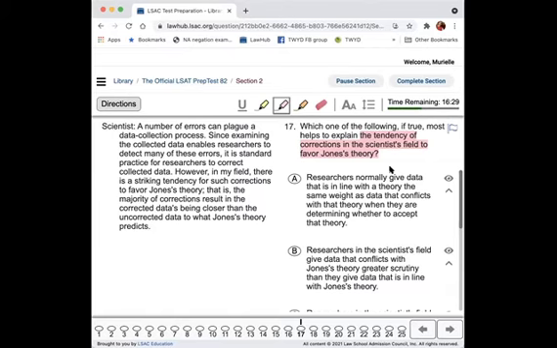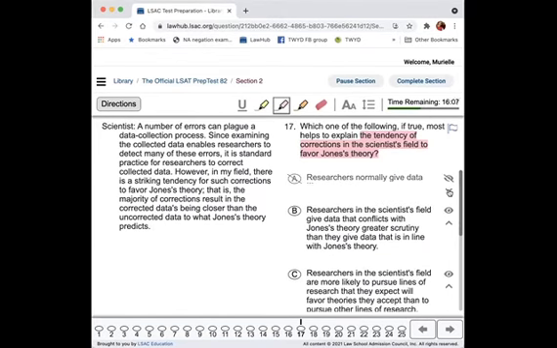And also the fact that this is saying that they're giving data that aligns and data that conflicts the same weight doesn't really help me explain the tendency of corrections to favor Jones's theory. So I would eliminate this one for now.